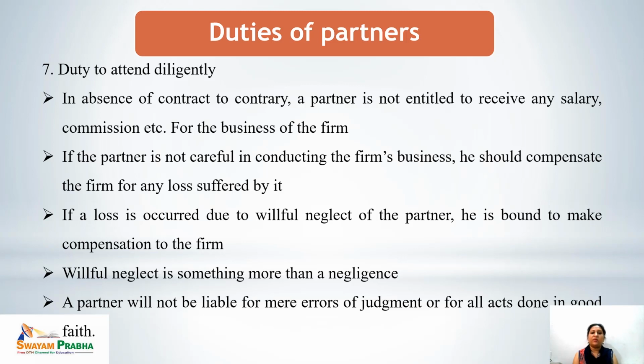In absence of a contract to the contrary, any partner is not entitled to receive any kind of commission or any kind of salary from the partnership business. But if there is a contract, it would be given.